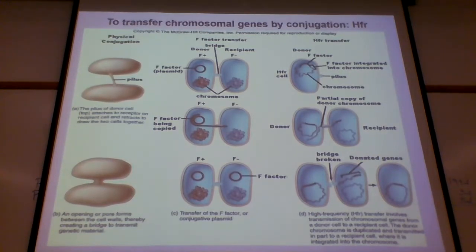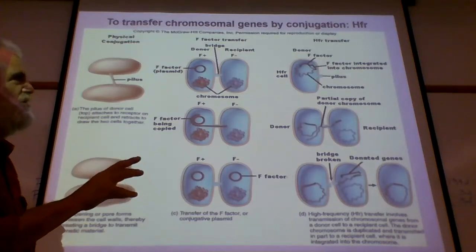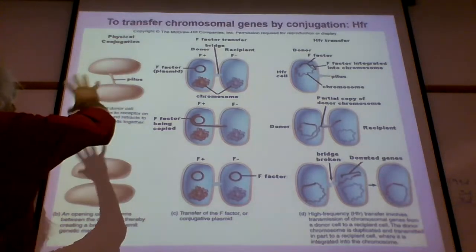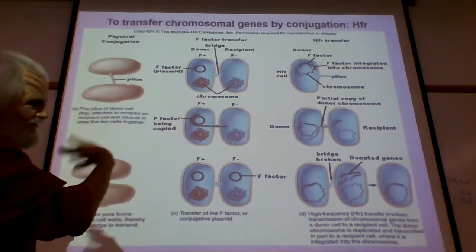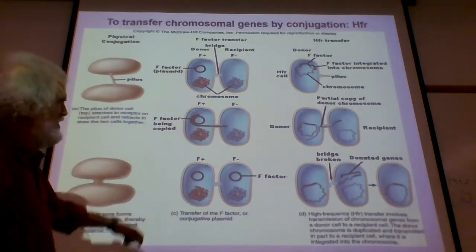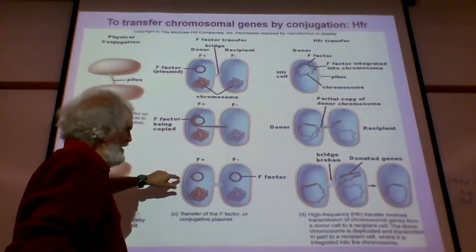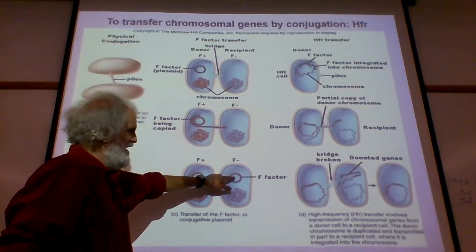The F factor, which is carried on a plasmid, is responsible for generating this physical conjugation. And so if you don't have the F factor, you can't carry it out. And so you can have an F plus conjugating with an F minus recipient, and now they both have the F factor.